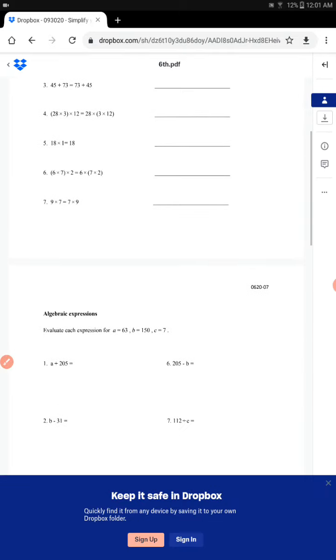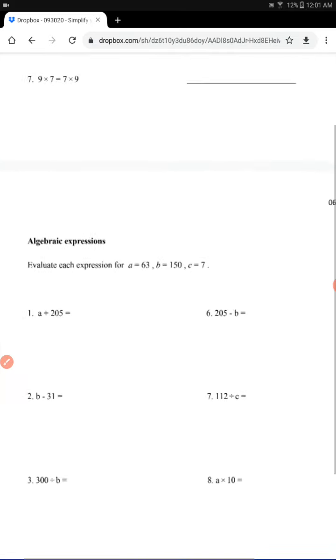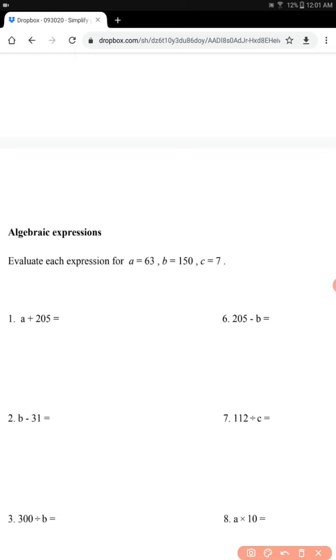Alright, next page. Evaluate each expression for A equals 63, B equals 150, and C equals 7. This is also pretty easy, because you're just plugging these values into the equations on this page. For example, in number 1, A plus 205.